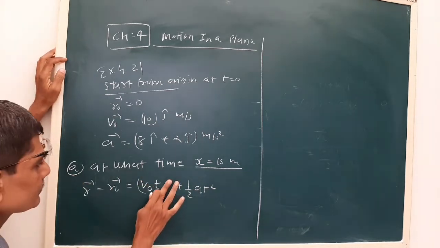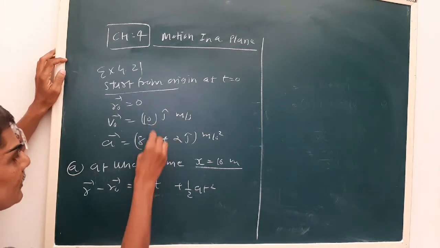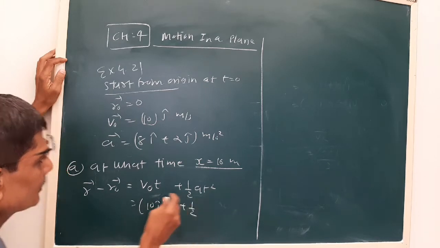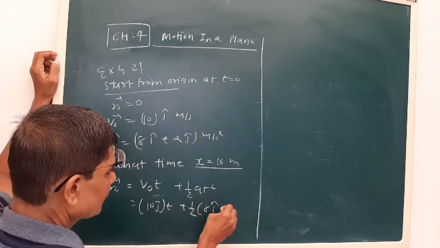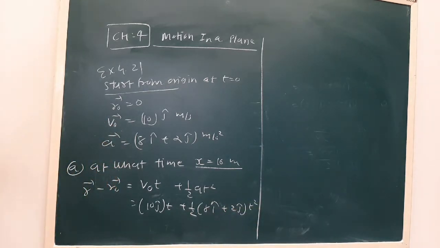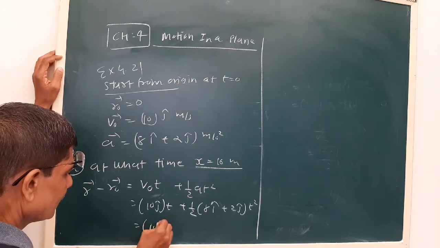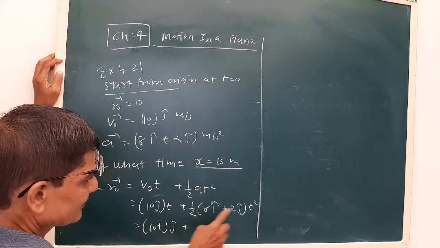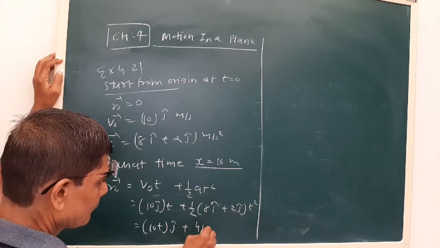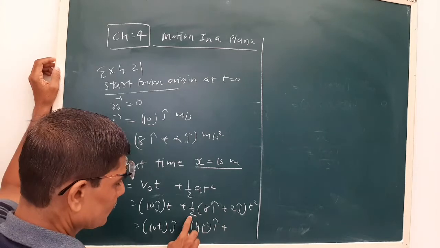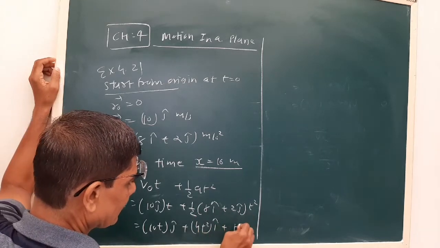The value of v0 is 5j. Acceleration is 8i plus 2j, times t square. We can write this as 5t j caret, 8 upon 2 is 4t square into i caret, and 2 upon 2 is 1 t square j caret.